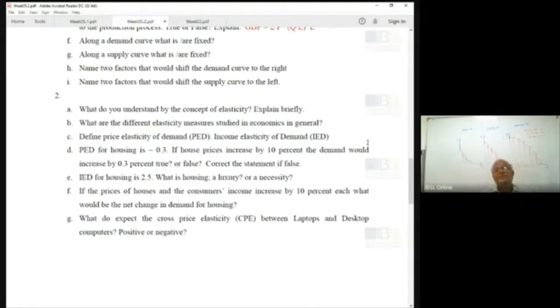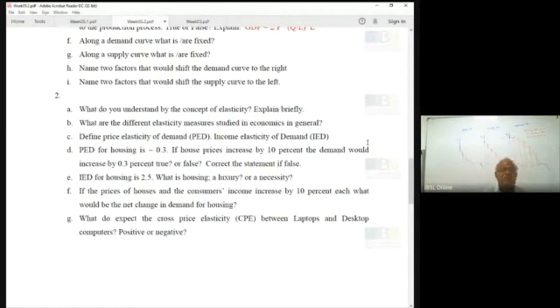Now here, what do you understand? The concept of elasticity. This concept measures the consumer's response to the change in price of the good, or consumer's response to increases in income, income elasticity, or the consumer's response in quantity demanded when the price of another good changes, cross price elasticity. Some goods, when the price changes, consumer response is very quick, elastic.